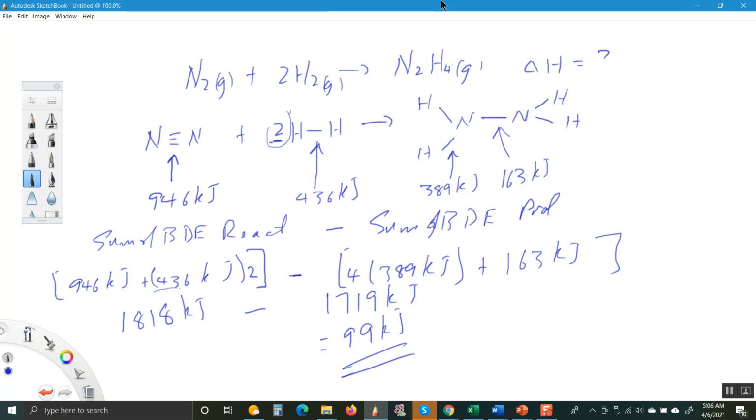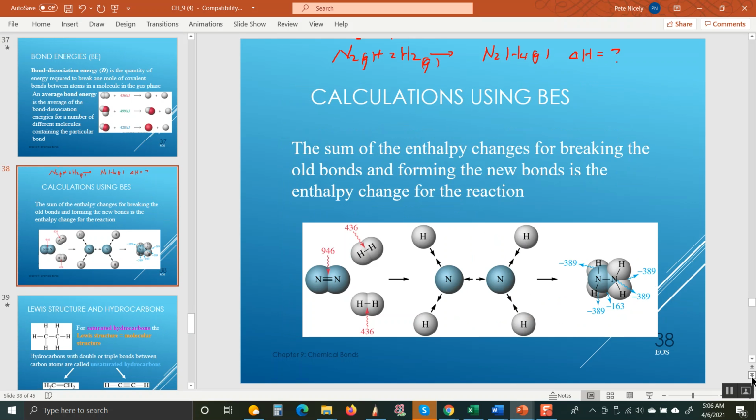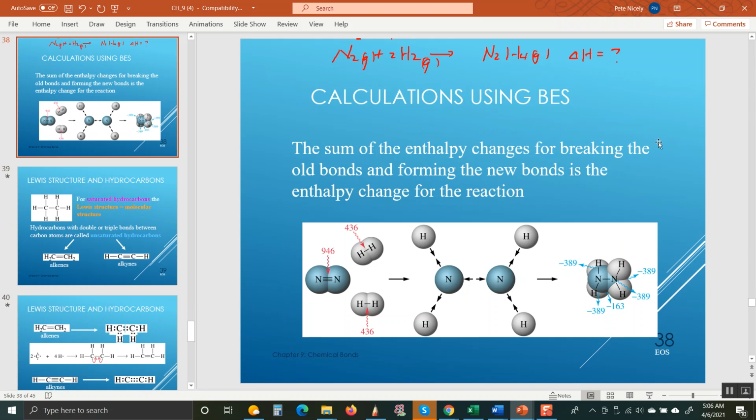Now, as I said before, there are limitations for this use of bond dissociation energies. Basically, the limitation of using bond dissociation energies for this purpose is that this only works well if the reaction is totally gaseous, if all the reactants and all the products are gases, all right? So that's basically the key thing you need to remember when it comes to using bond dissociation energies to calculate the enthalpy changes of reactions.